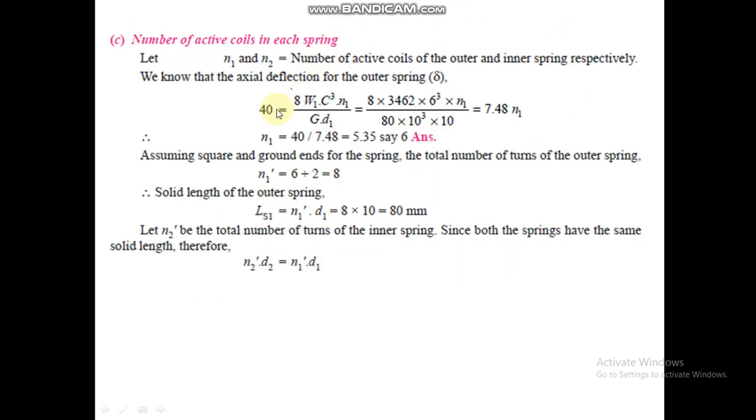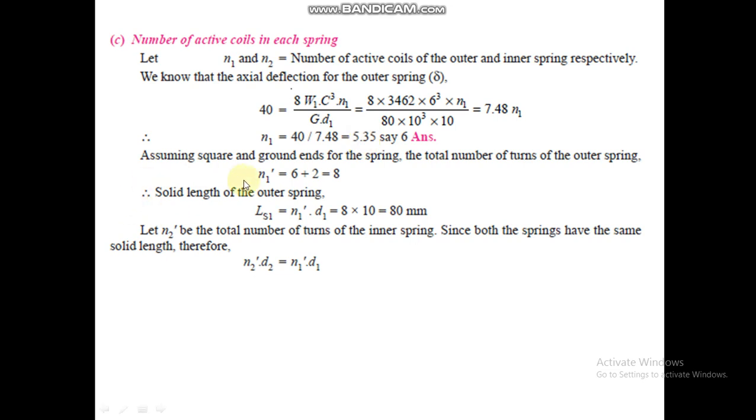So we will apply the formula for deflection, 8W C cube N by G d1. Just put the value of W1, C, G and D1 and you will get the number of coils. So number of coils is 5.35, or we can say 6.